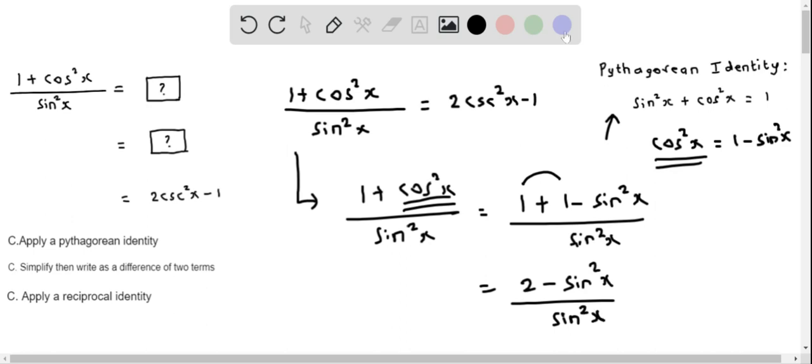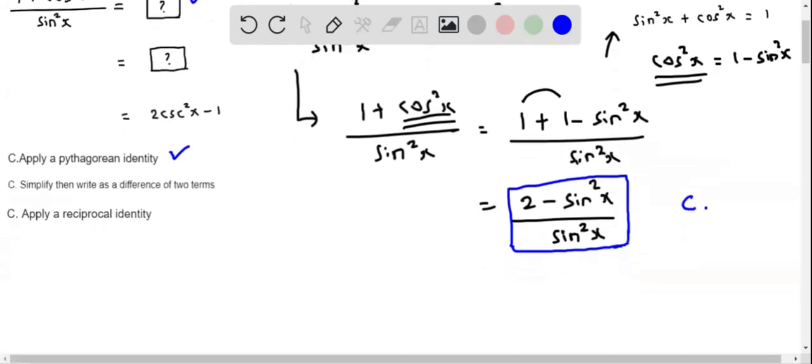And therefore this goes into the first box. That is, 2 minus sin squared x over sin squared x is the expression that should go into the first box. The reason for this is we applied the Pythagorean identity. So we can mark this step as C.